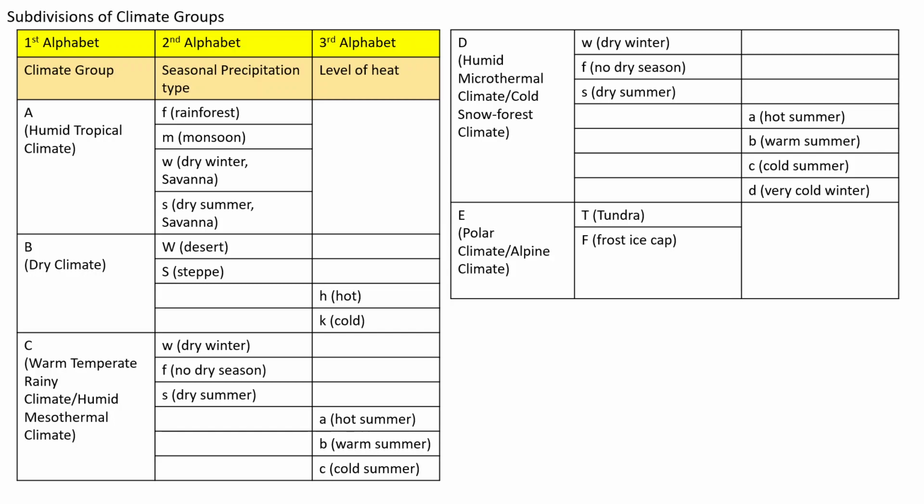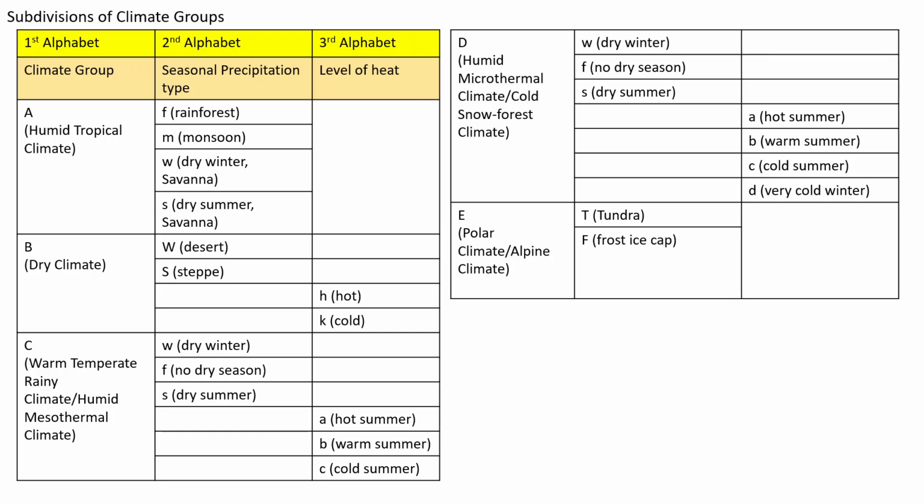The first group, A, is the humid tropical climate. If we say tropical climate here, we do not need to take into account the level of heat, because we all know that in the tropical climate the heat will always be high. So here we are going to see the seasonal precipitation type.